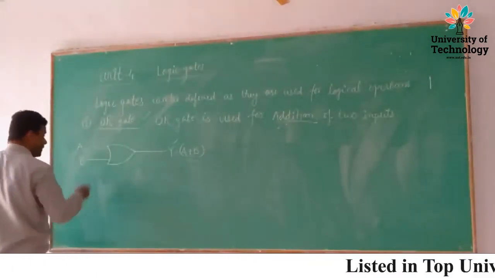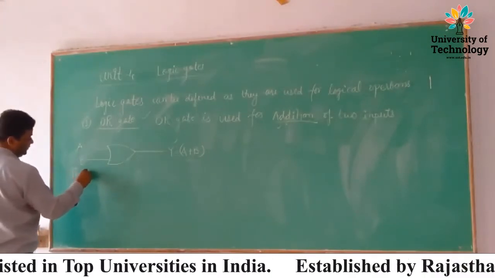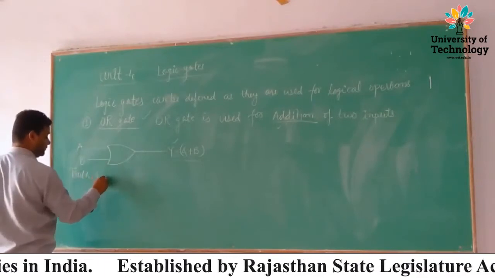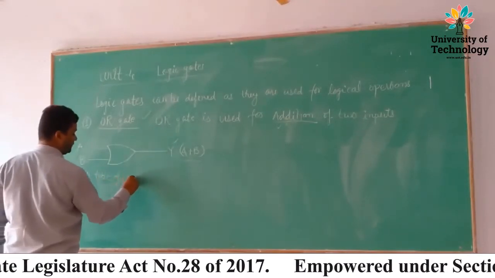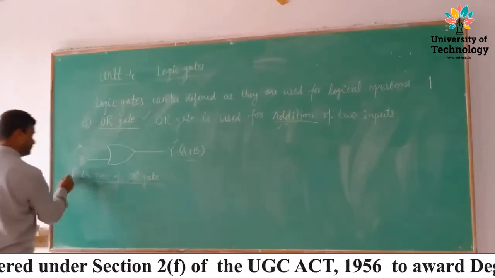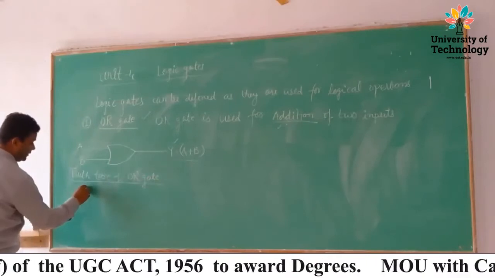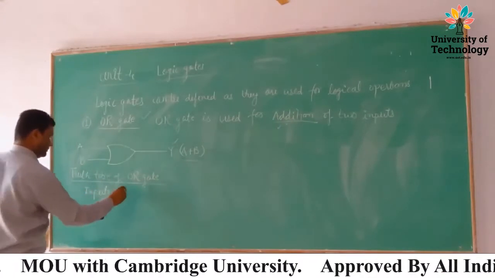Now we will make truth table of OR gate. So this is input section, inputs.